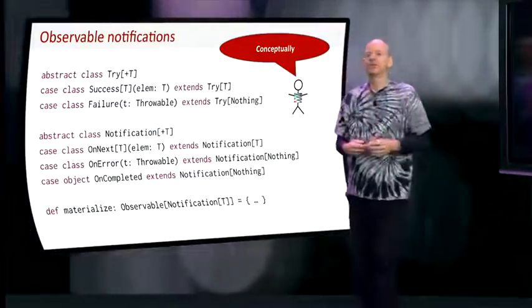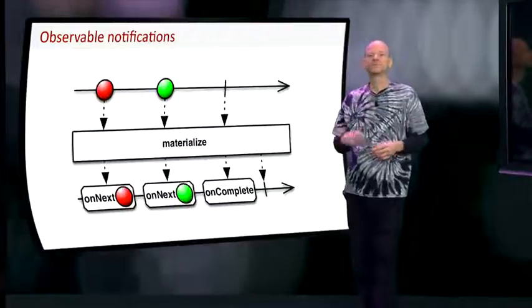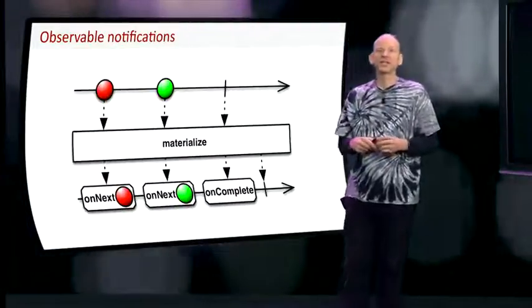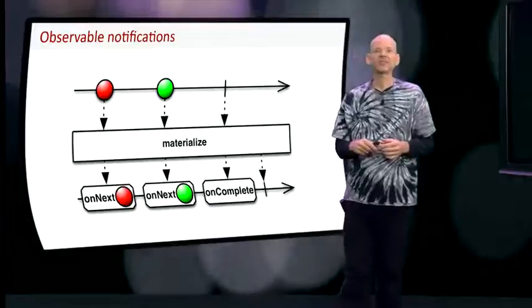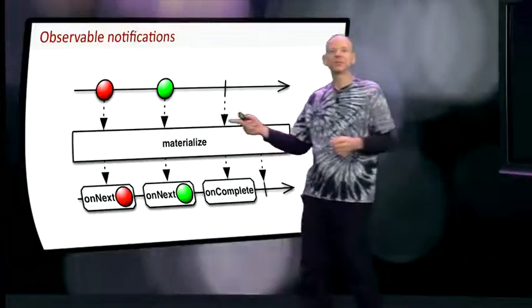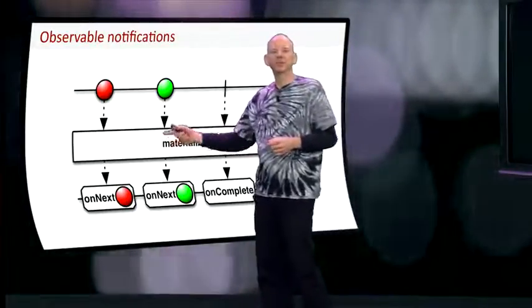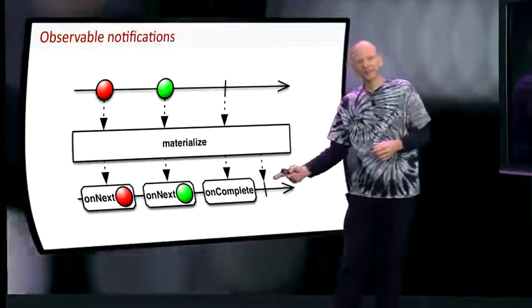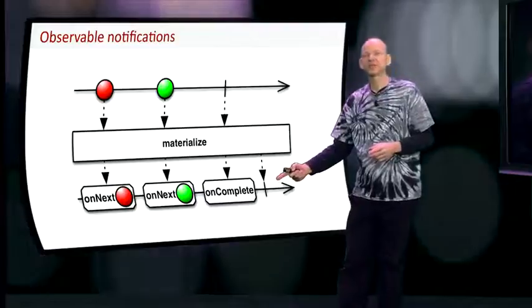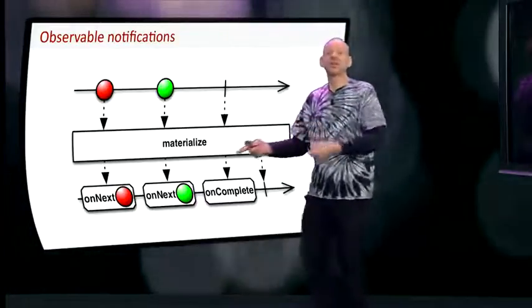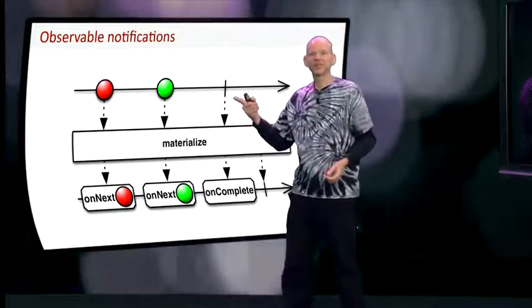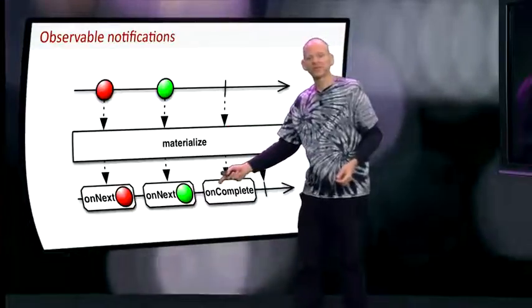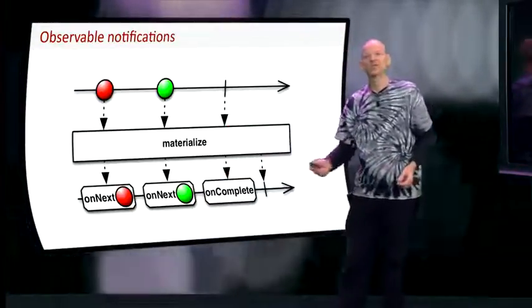It's whatever you feel most comfortable with. Okay, so here's a marble diagram for materialize. We materialize this stream. We get 2 onNext, followed by an onCompleted. And then the funny thing is that the stream completes itself. So there are two onCompleteds, because there's the onCompleted that's materialized, but now this materialized stream also completes.